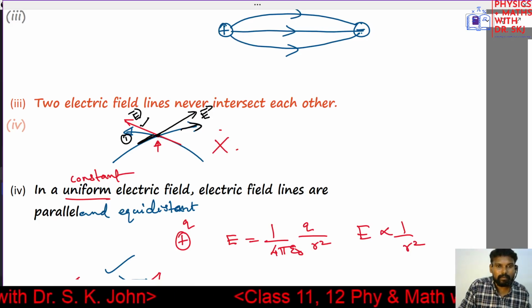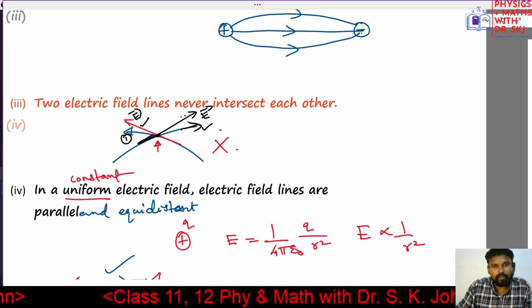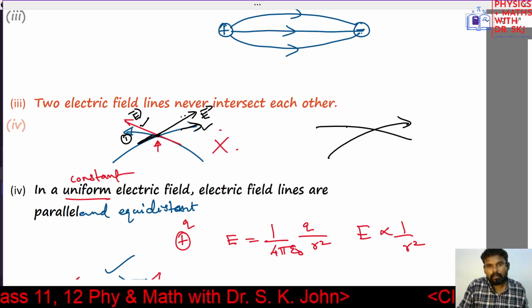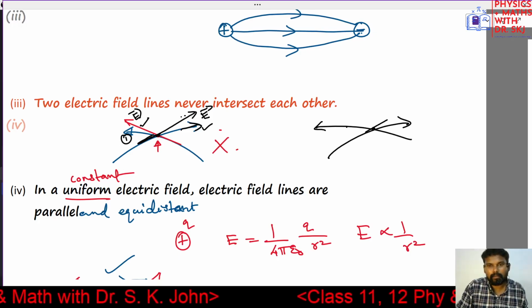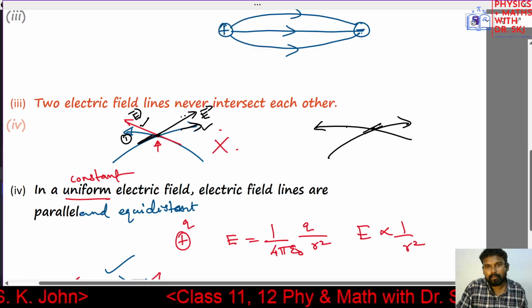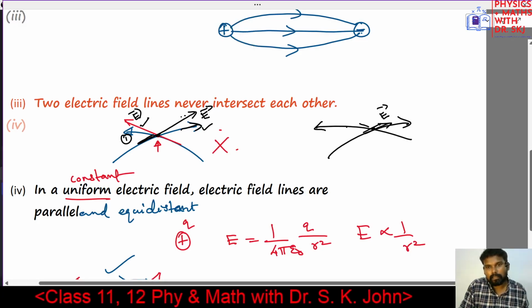For the second curve, we got a tangent like this. So when two field lines meet, we get two tangents at that point, or two directions for electric field at that point.